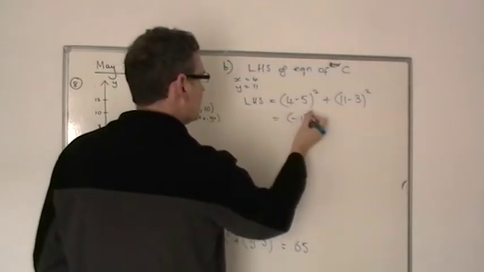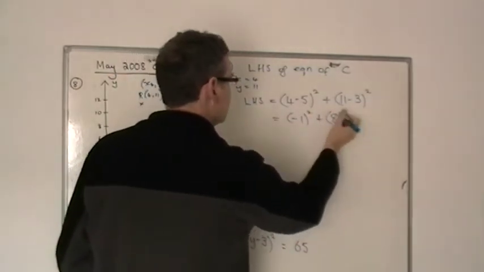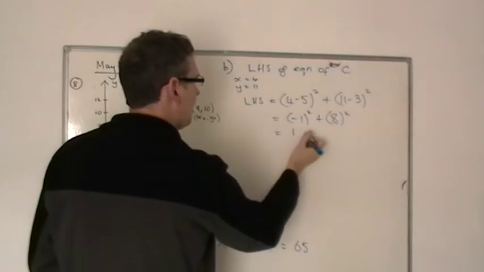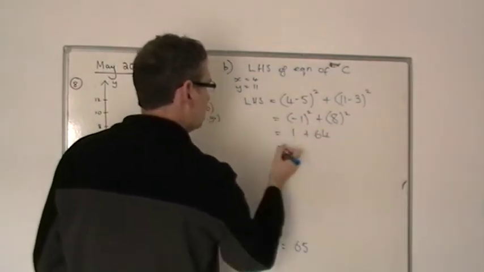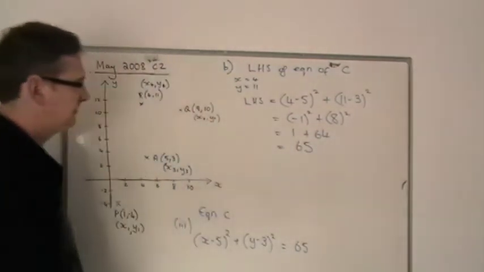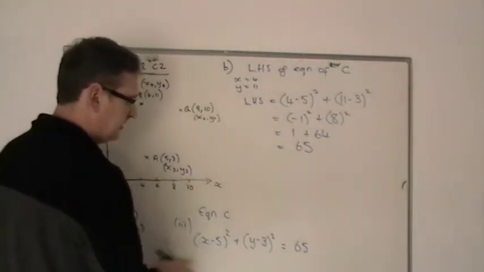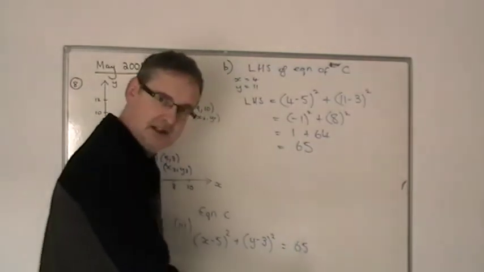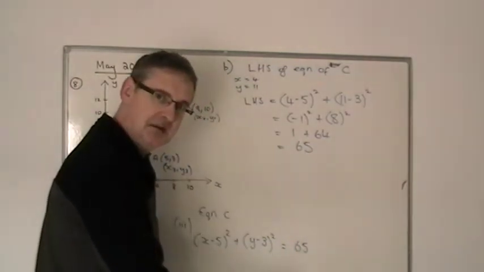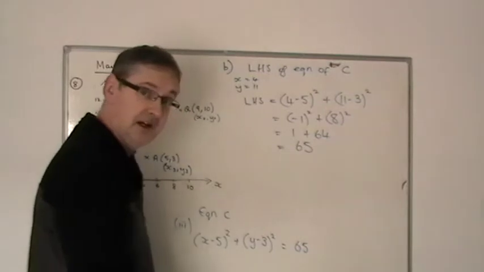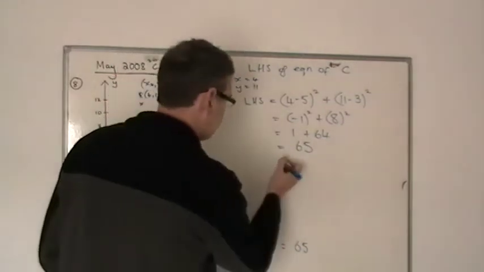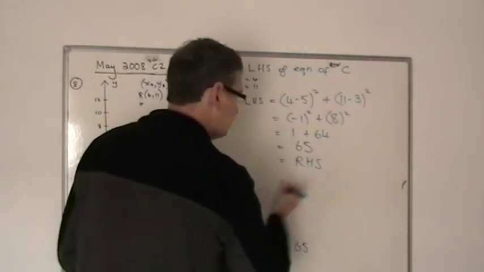You get minus 1 squared plus 8 squared, which is 1 plus 64, which is 65. So the left hand side works out to be 65, but the right hand side is 65 as well. So we're getting a statement which says 65 equals 65, which is a true statement.